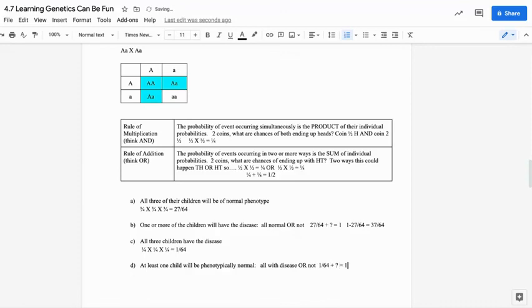Or at least one of them doesn't. So 1 minus 1/64, you do 64 out of 64. And then you get 63 out of 64 chance that at least 1 of your 3 children will be normal. And that's how you apply the rule of multiplication and the rule of addition. There's other ways to apply those too, mainly like if you have ginormous tri-hybrid Punnett squares or even bigger.